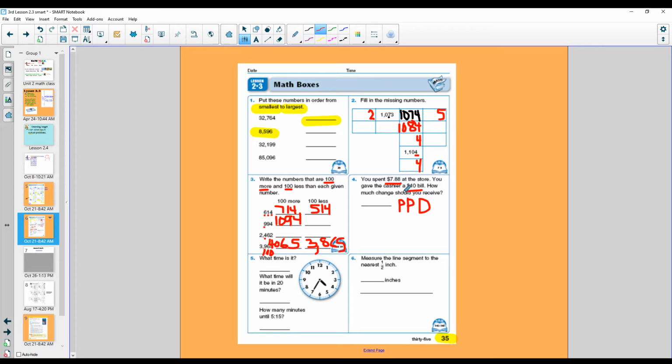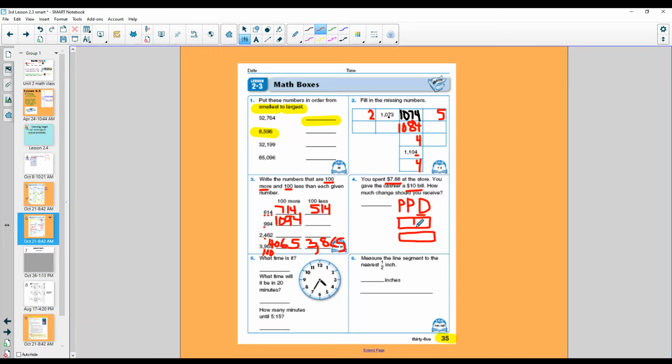So now I'm at $8. From $8 to 10, that's two more dollars.